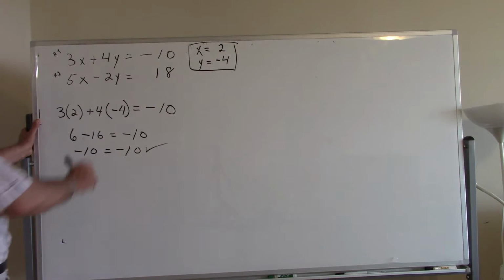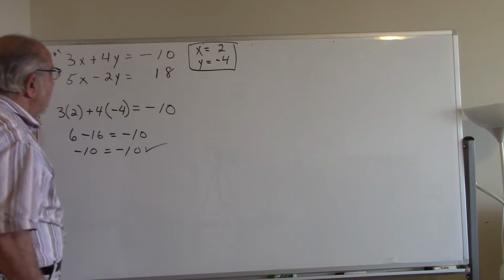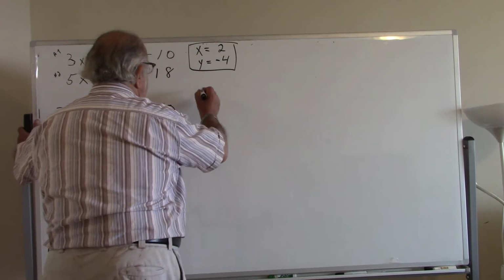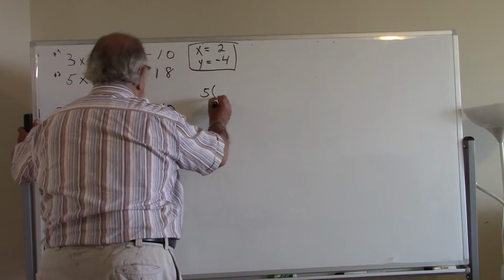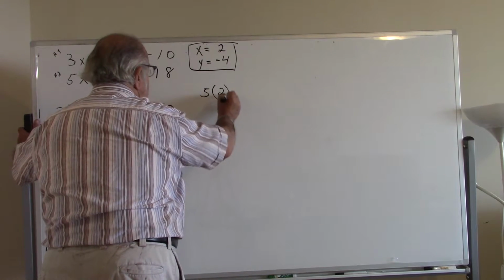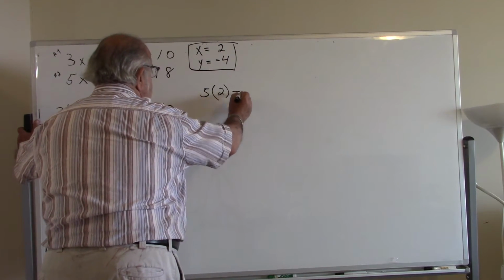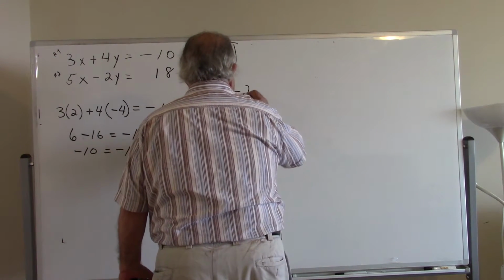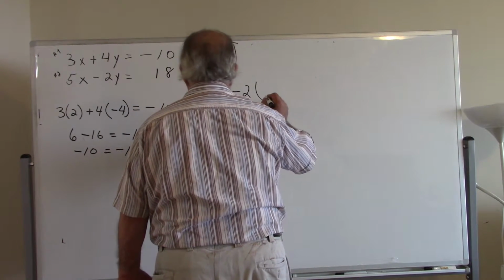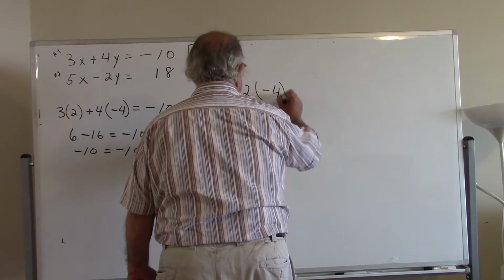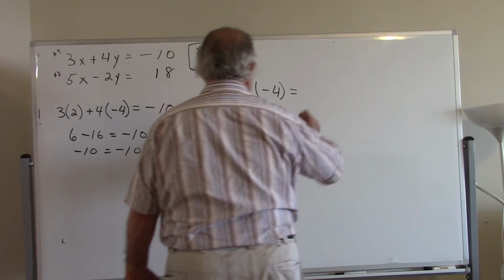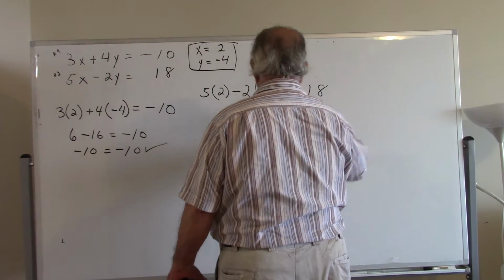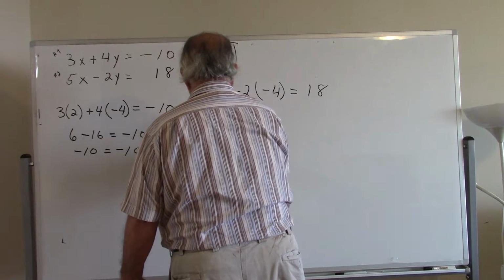Let's do the same to the other problem over here. 5 times 2 minus minus 4 times 2, equals 10.